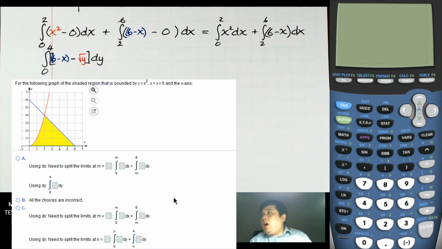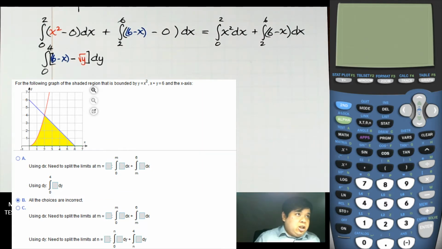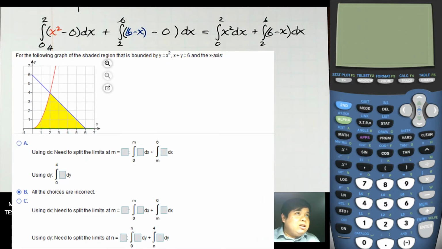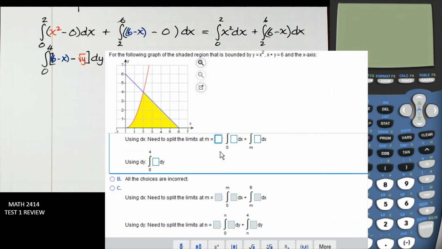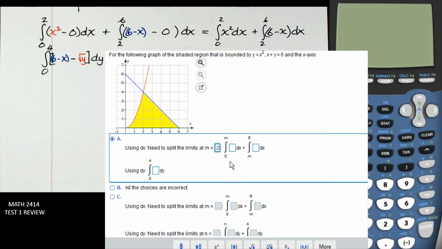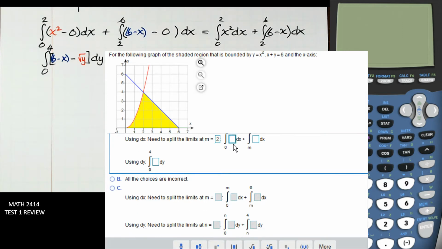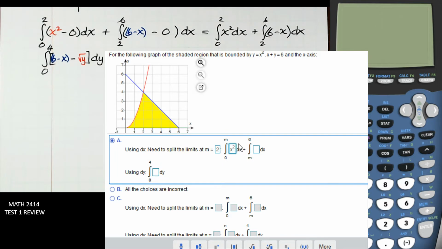Right, so we need to split the limit for dx. Yes, we do need to, and we will split at 2. Let me make this bigger. We split at 2. So we go from 0 to 2, and then from 2 to 6. The function, first one is x squared, and then 6 minus x.